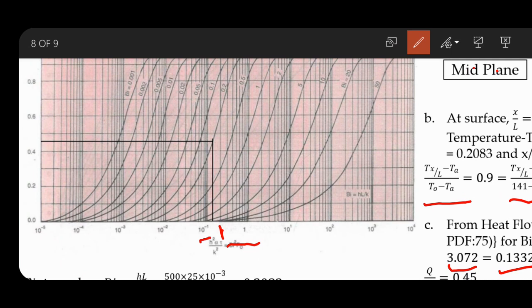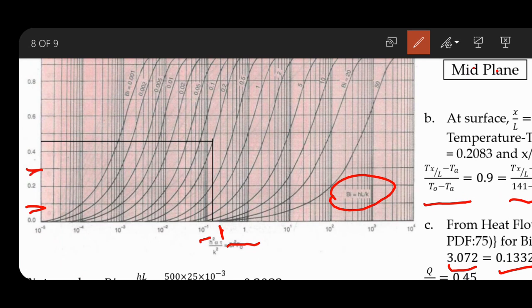In between these two I have 0.1332. So I have approximately drawn a vertical line here, and I have drawn this till it reaches Biot number of 0.2. So on the y-axis we have different curves for Biot number. Where those two intersect, I have drawn a horizontal line, and here I can see that on the y-axis I have 0 and then 0.2. Then the mid one should be 0.1.